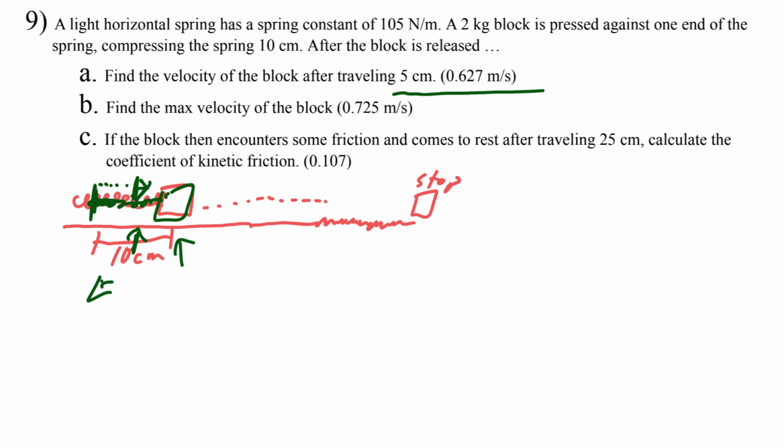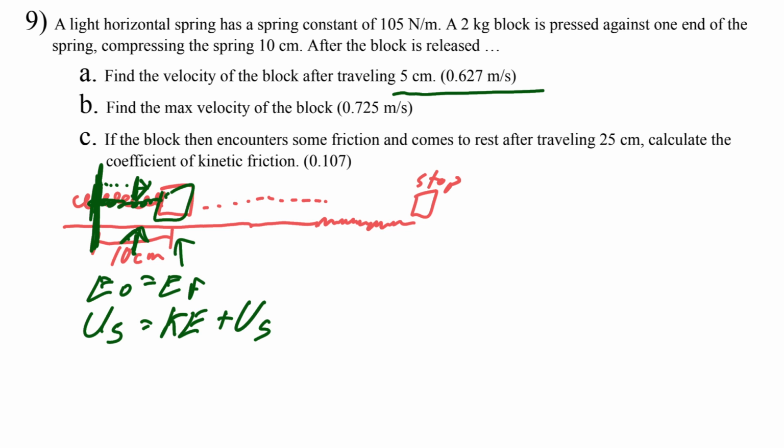So in other words, if we do our E initial equals E final, when we push it back, it has 100% spring potential, like way back here at the 10 centimeter mark. But when we're at the 5 centimeter mark, yes, it has some kinetic energy, but the spring is still compressed. So it has spring potential or elastic potential as well.